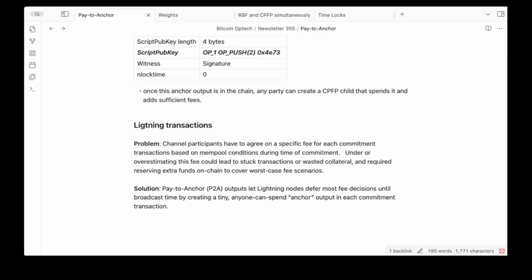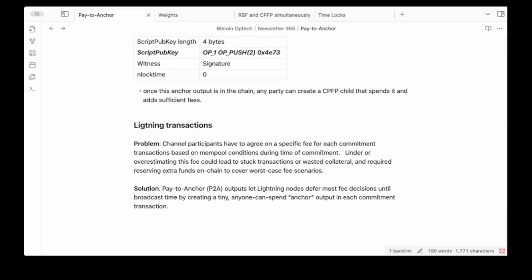This typically wastes collateral, like you are spending more sats or committing more sats to this commitment transaction rather than using them for channel balances. So the problem is that you cannot estimate the mempool's fee rate in advance, and you have to keep sufficient balances for fee rate spikes.